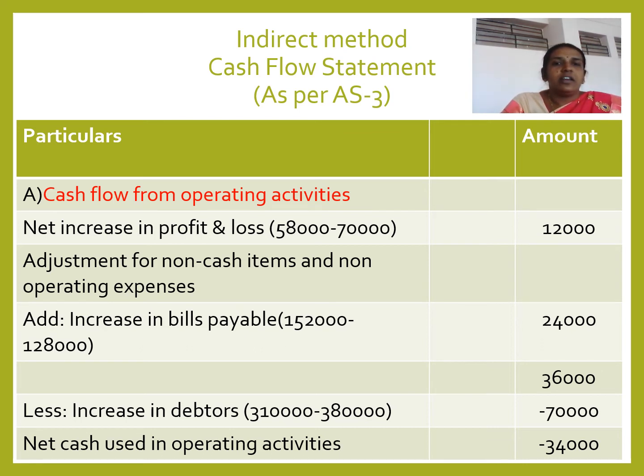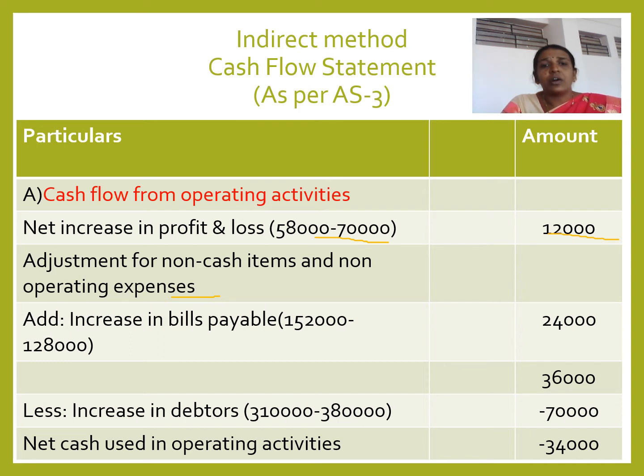So let us take the first one, that is cash flow from operating activities. We have to start this one by taking the net increase in the profit and loss account. That is, there is an increase in the profit from 58,000 to 70,000, that is to the extent of 12,000. There is an increase in the profit that we have to take. The next one is we have to make adjustment for non-cash items and non-operating expenses.